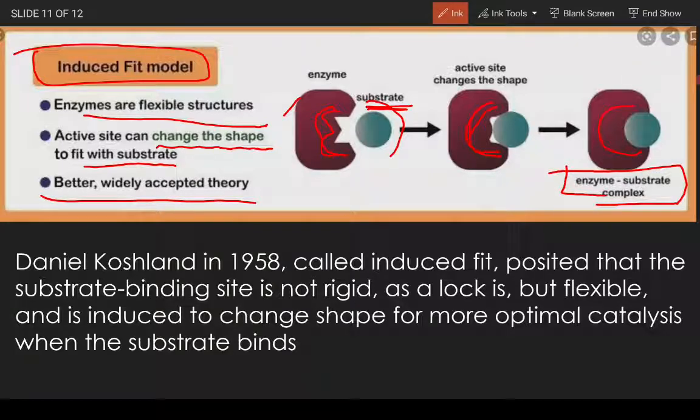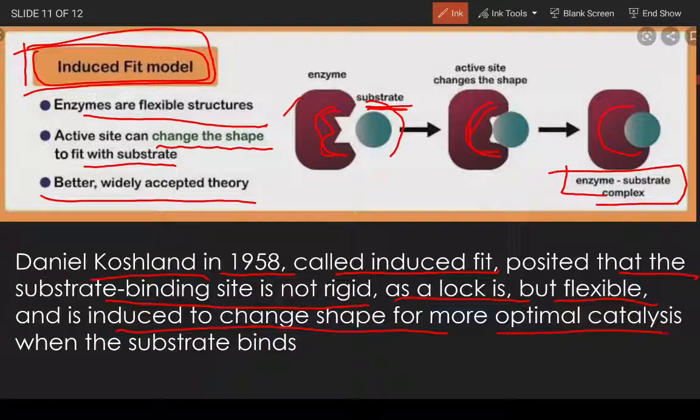So this is a different model than the lock and key model. This is induced fit, where on binding with the substrate, the active site of the enzyme also changes. Daniel Koshland in 1958 gave this induced fit model, which said that the substrate binding site is not rigid like a lock, but is flexible and is induced to change shape for more optimal catalysis when the substrate binds.